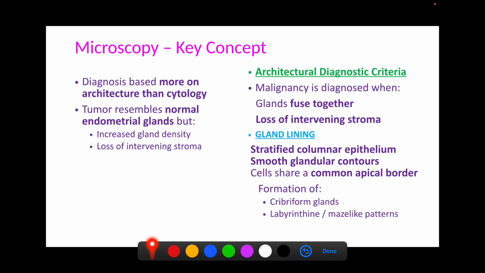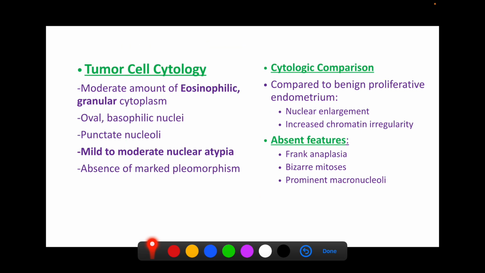Architectural diagnostic criteria include fused glands with loss of intervening stroma, gland lining showing stratified columnar epithelium, smooth glandular contour, and cells sharing a common apical border, and there is presence of cribriform glands and a labyrinthine or maze-like pattern. Cytologically, there is a moderate amount of eosinophilic granular cytoplasm, oval and basophilic nuclei, punctate nucleoli, meaning small nucleoli, and mild to moderate nuclear atypia.